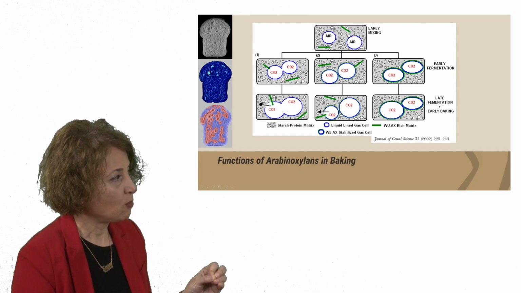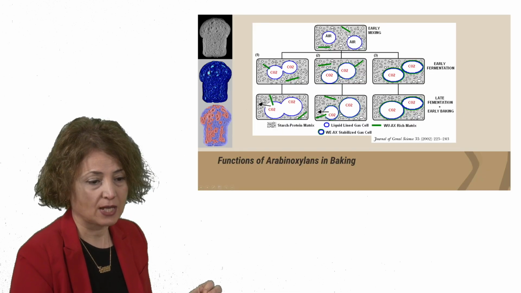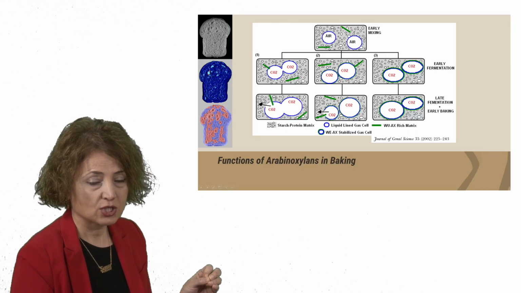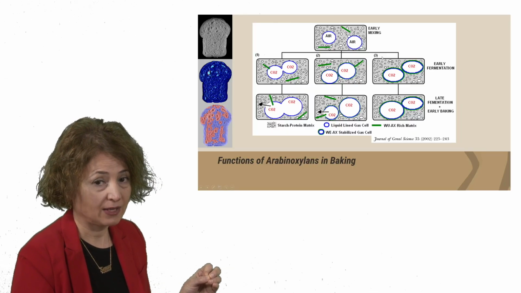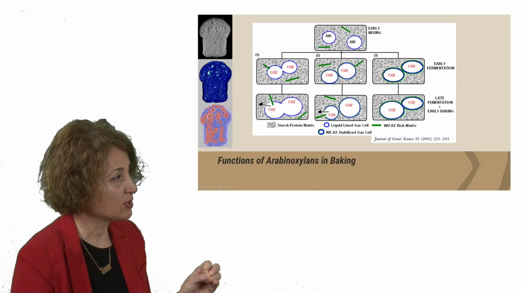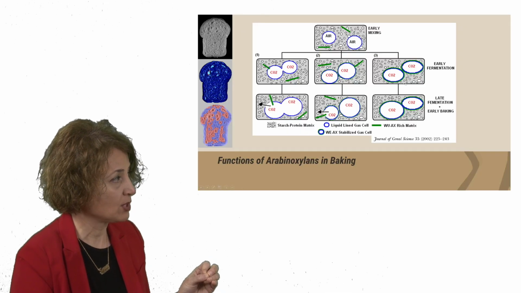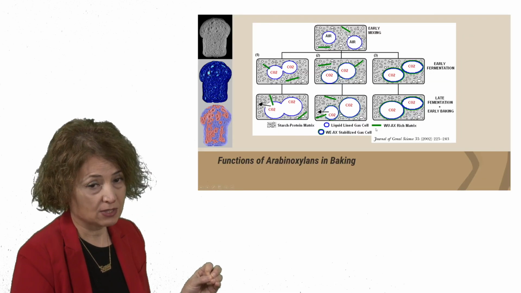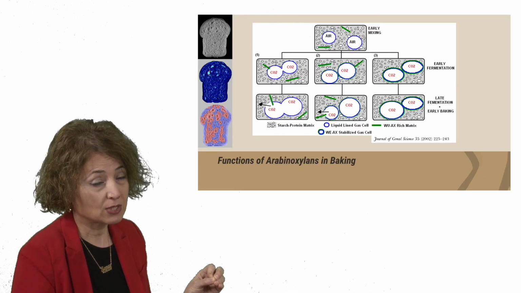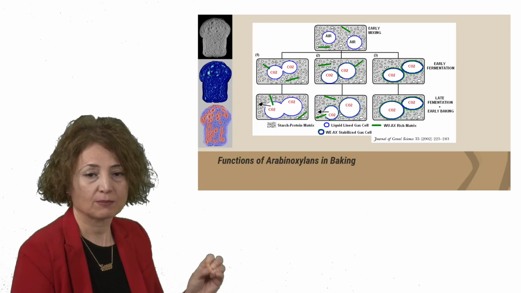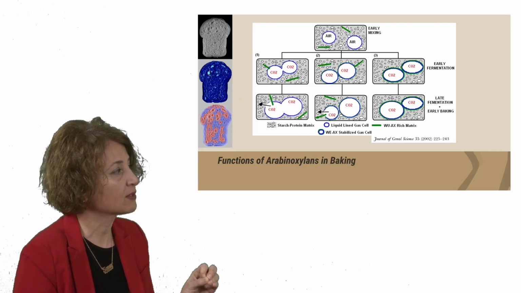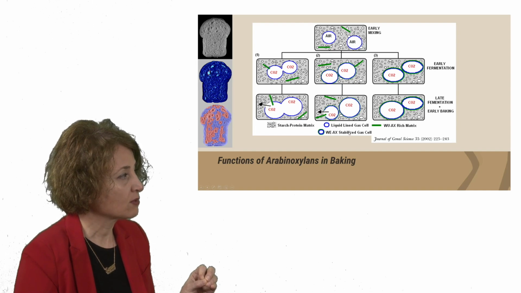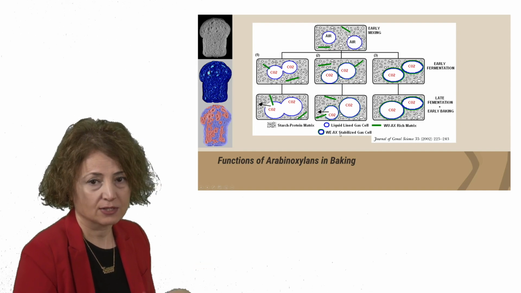If you look at the functions of arabinoxylans, this is a very nice cartoon summarizing the functionality of arabinoxylans early in the fermentation and late in the fermentation process. Here the green bars represent water insoluble, or sometimes we call them water unextractable arabinoxylans. And the blue is the water extractable arabinoxylans. They are soluble.